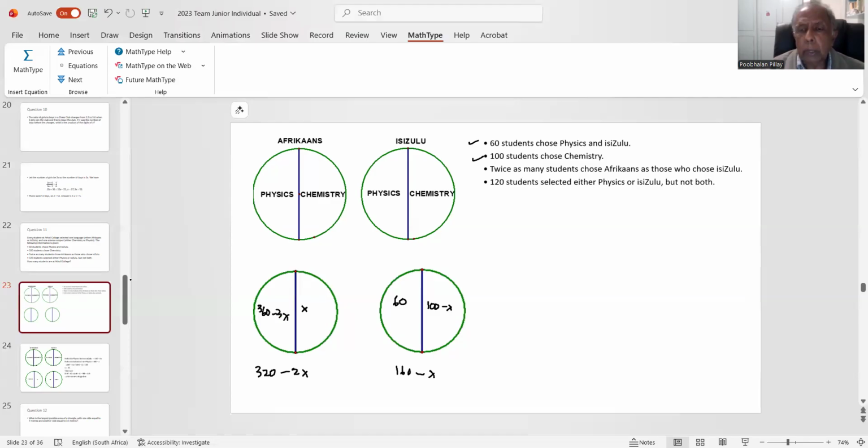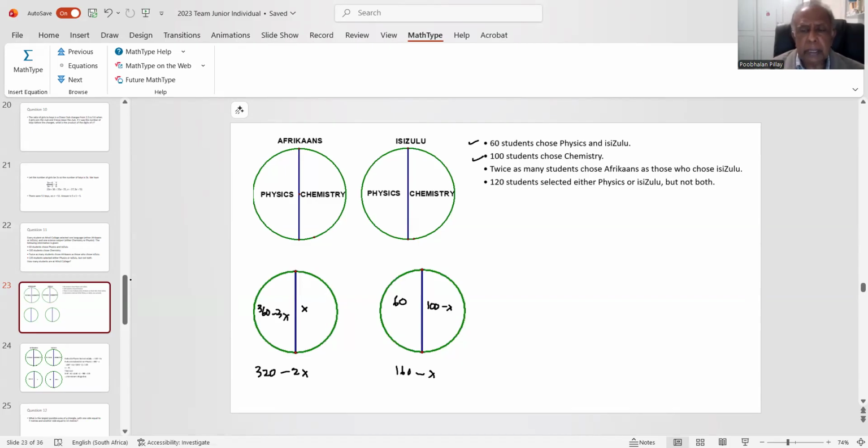Oh, we got 120 students who selected either physics or isiZulu, but not both. So if they chose either physics or isiZulu, you had 120 students.